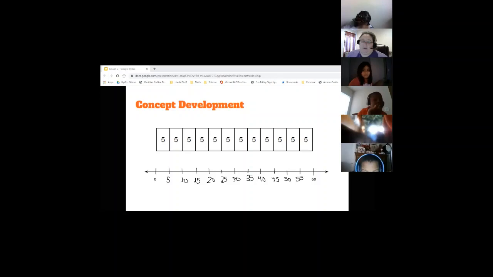So let's use our number line here to find out how many minutes it takes Christine to do 4 math problems, right?